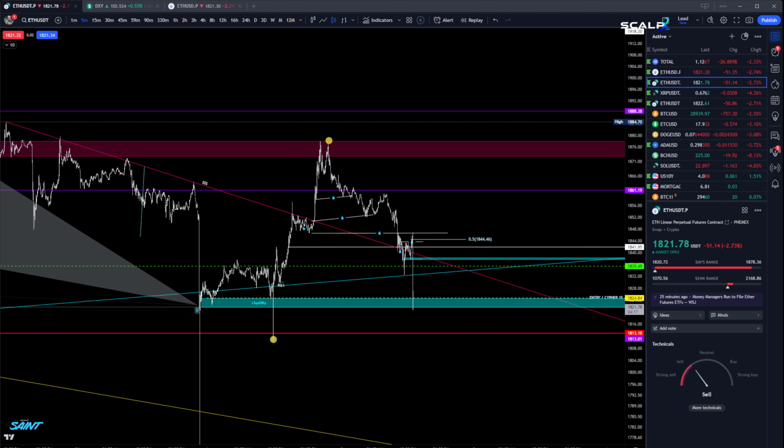So what I'm looking for right now is I'm looking to see if it's gonna hold this area, which is 21, or if we're going lower down to 13. Honestly, I think we might hit 13.